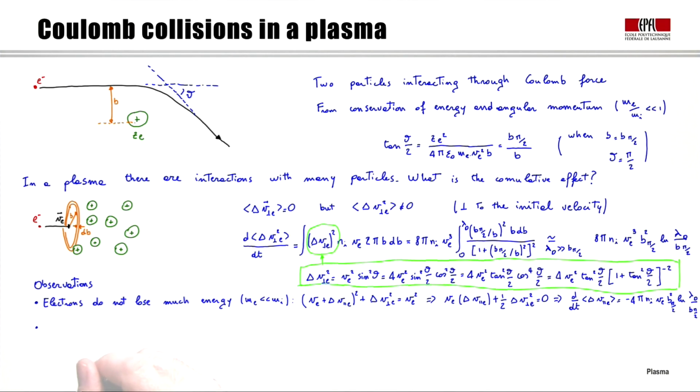As a matter of fact, the logarithm of lambda D divided by b pi over 2 is coming back, and it has a name. We give it a name in plasma physics.